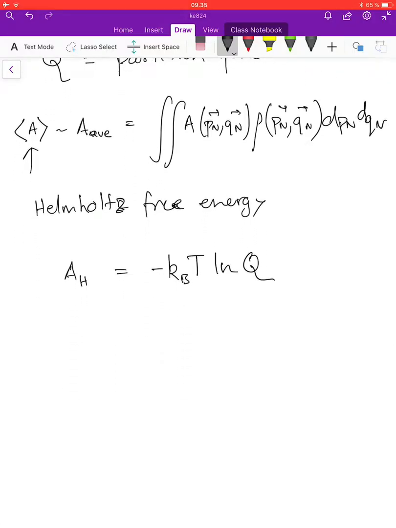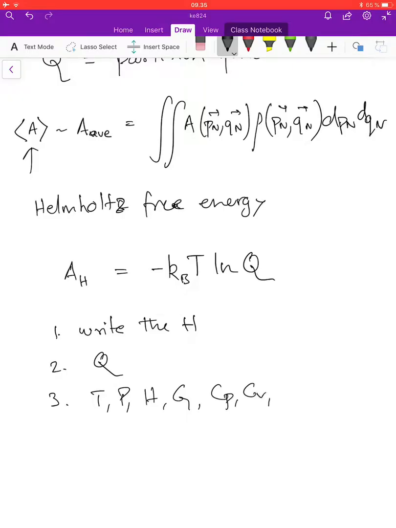So in order to calculate any thermodynamic variable, we need to first write the Hamiltonian, then we calculate Q, and from Q one can calculate all the thermodynamic quantities you need, such as temperature, pressure, enthalpy, Gibbs free energy, the heat capacities, and the Helmholtz free energy, and so on.